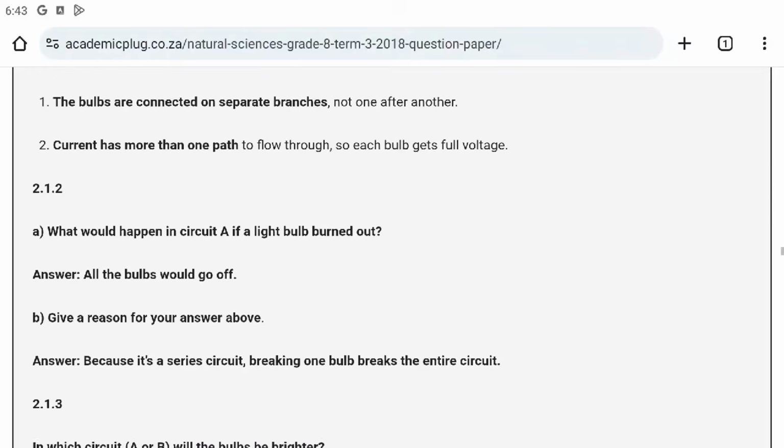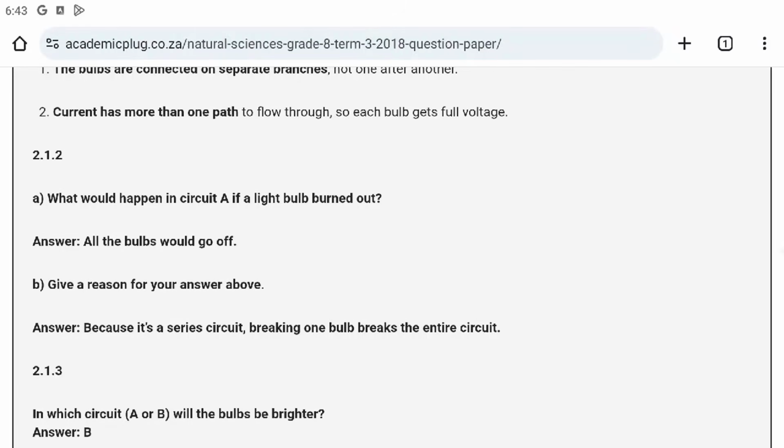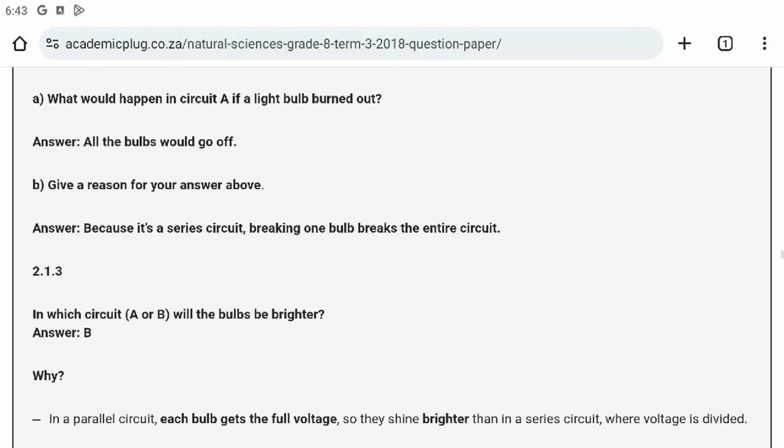That answer is also obvious. I hope you got it right by yourself. The answer is all the bulbs would go off, which basically means they will switch off. The reason will be because it's a series circuit. Breaking one bulb breaks the entire circuit.